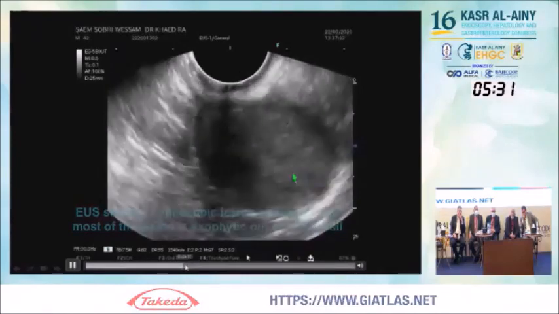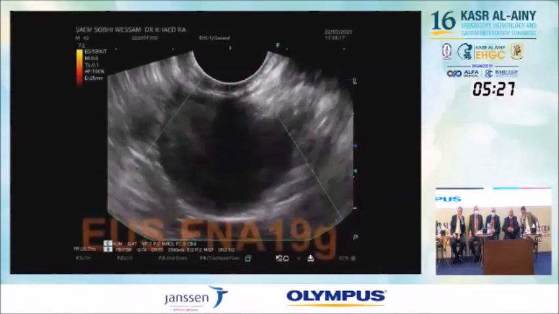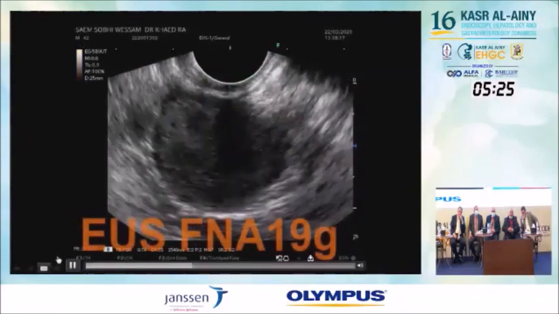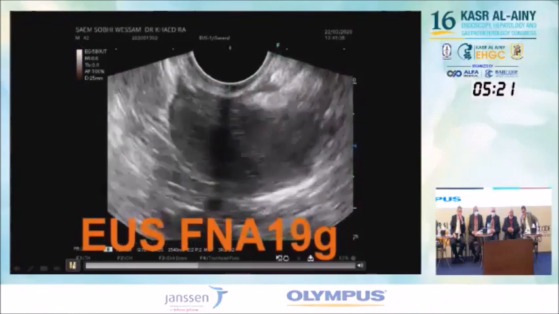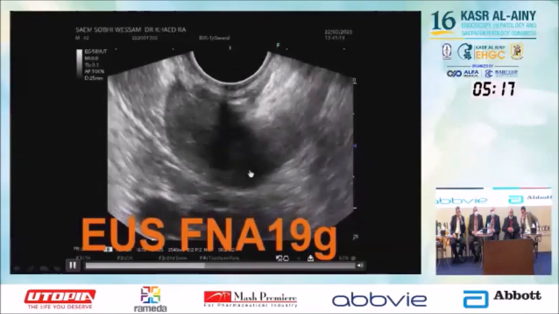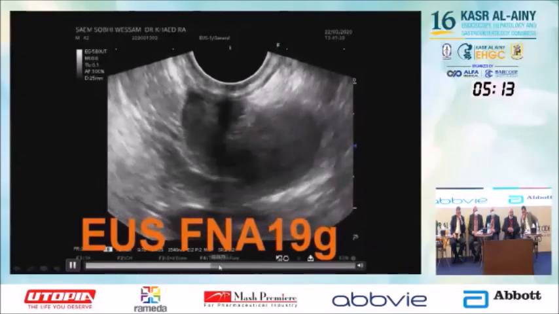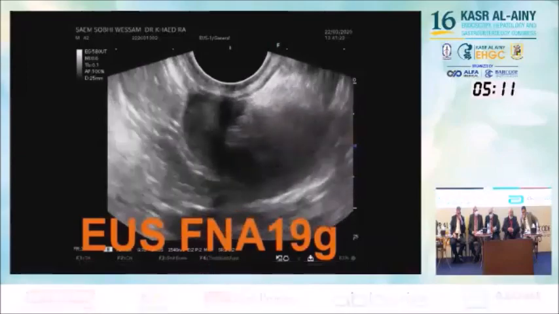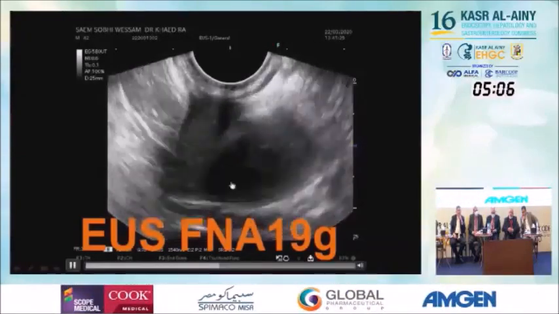So this lesion was discovered accidentally, as the patient was being prepared for bariatric surgery. After consultation with the surgeon, he insisted on FNB and FNA, so I used a 19G FNA, which gives the same results as FNB, using usually the fanning technique, though not for this lesion.